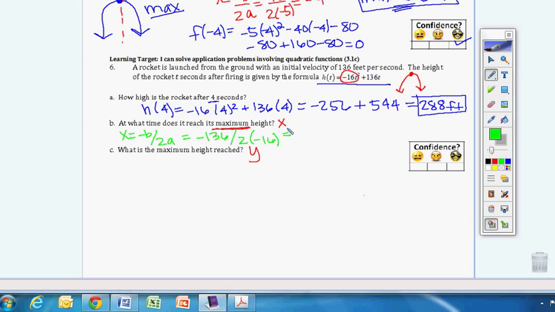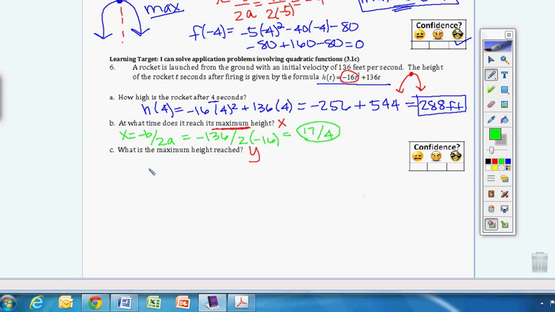Divided by 2 times -16, I'm left with 17/4. I'm then going to take this and plug it back in.